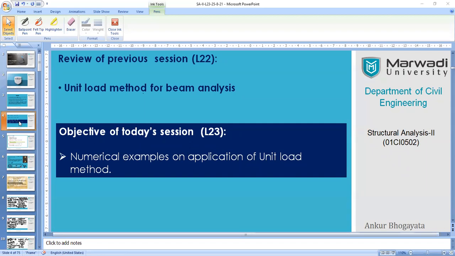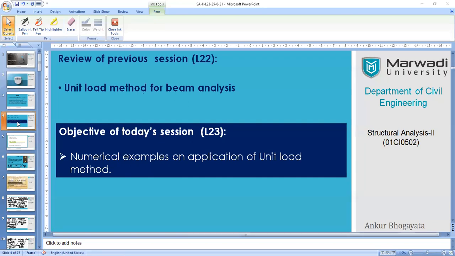However, it's a versatile and very effective method of structural analysis, especially when you are concerned with the calculation of any of the properties like rotation, deflection, or even the reactions of the indeterminate structure. So it's a very versatile method which you can employ on any type of structure, including planar structures.